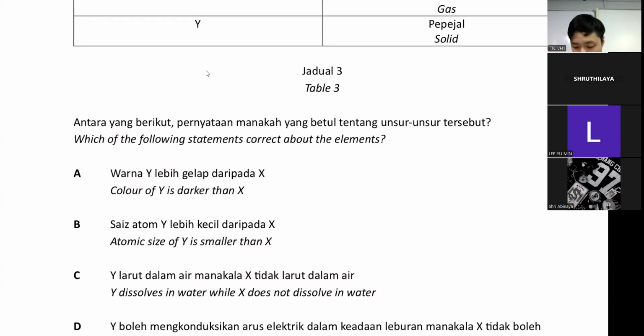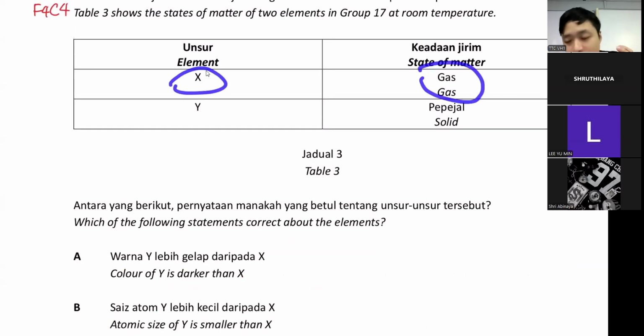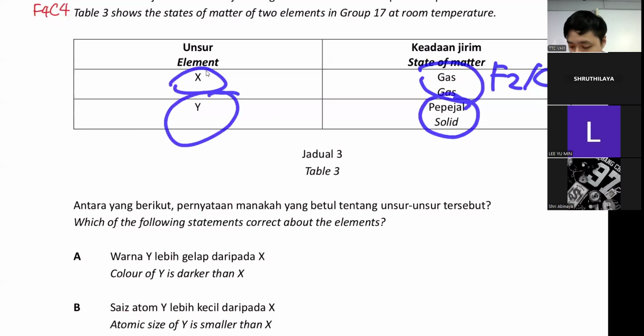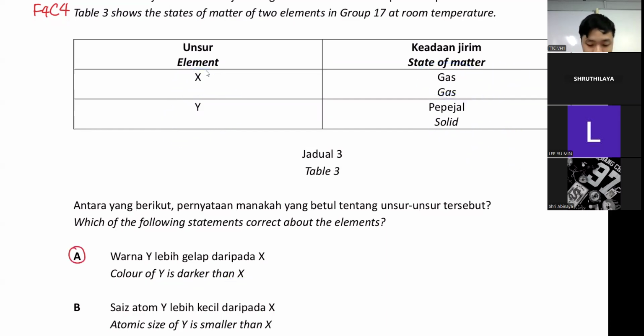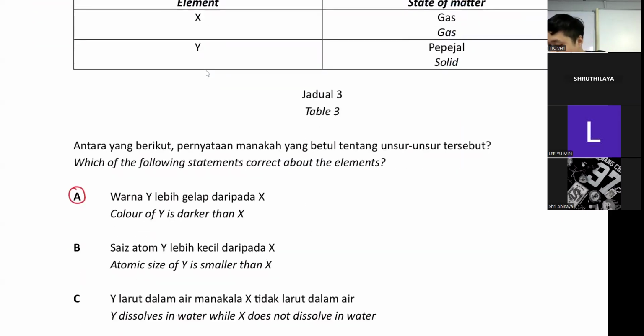Y, the solid, is probably iodine, so it has the darker color. So Y is darker than X. A is correct. Simple, right? So simple to get the answer.